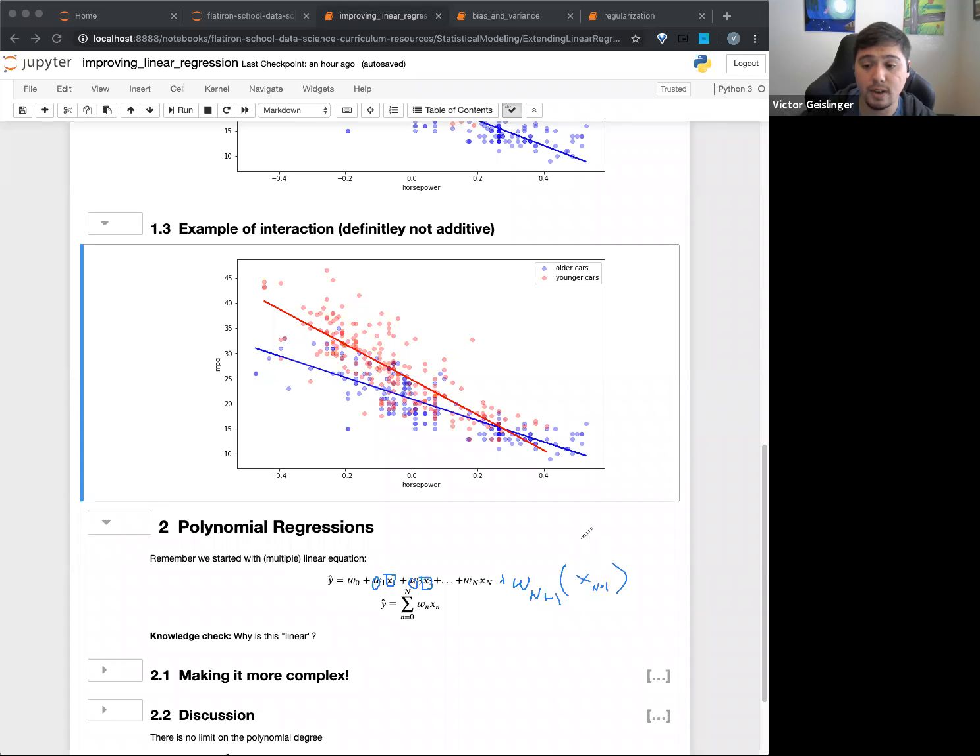Let's say x1 is older cars versus younger cars, and x2 is horsepower. This feature represents x1 times x2. The idea is that they're combining, interacting with each other. So this creates a new kind of feature, a new x n plus 1, and it will have its own coefficient.